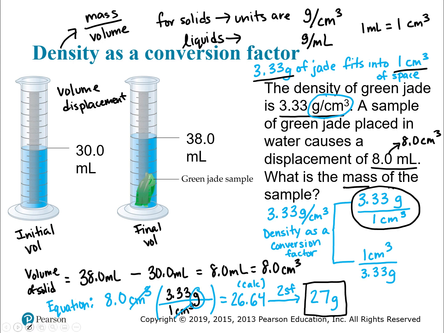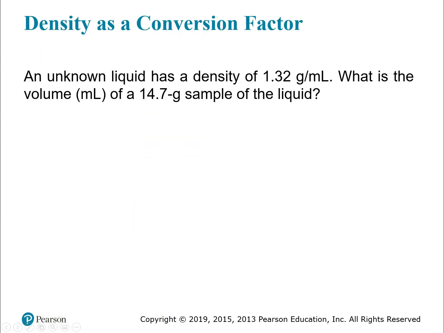I think it'll be good for us to try one, and then we'll see how it goes. The key, again, is knowing how to write the density as a conversion factor, and then choosing the conversion factor to get from what you have to what you need. An unknown liquid has a density of 1.32 grams per milliliter. What is the volume in milliliters of a 14.7 gram sample of the liquid?